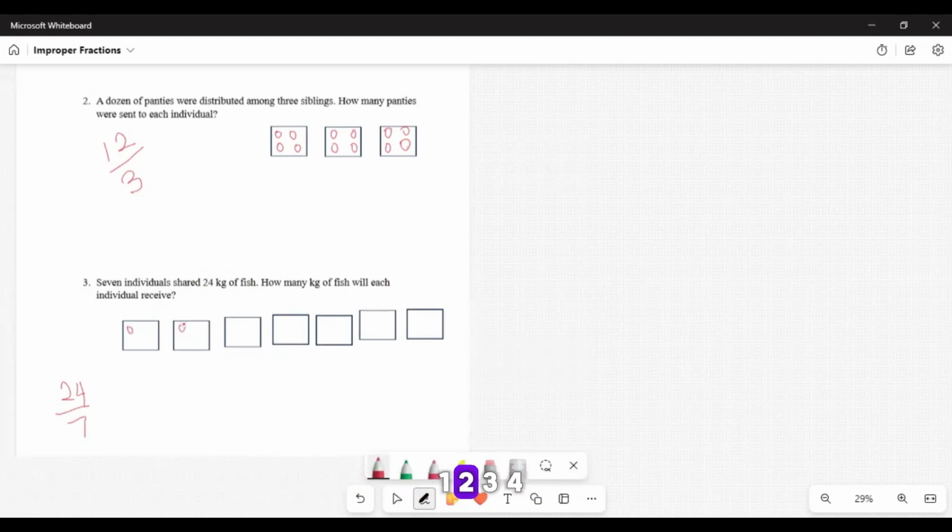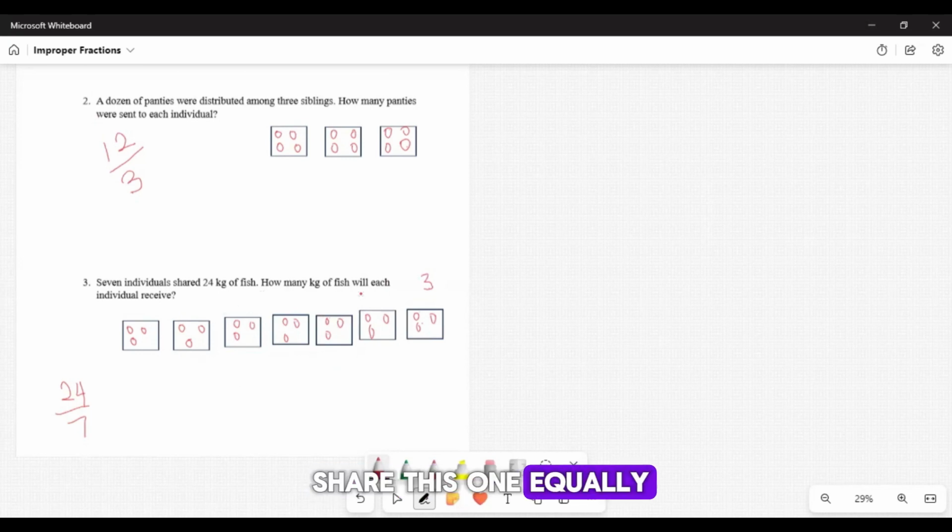So 1, 2, 3, 4, 5, 6, 7, 8, 9, 10, 11, 12, 13, 14, 15, 16, 17, 18, 19, 20, 21. So immediately you get to 21, you realize that you are left with 3, and we have to share these equally. So we take the fish, and let's assume this is the fish.